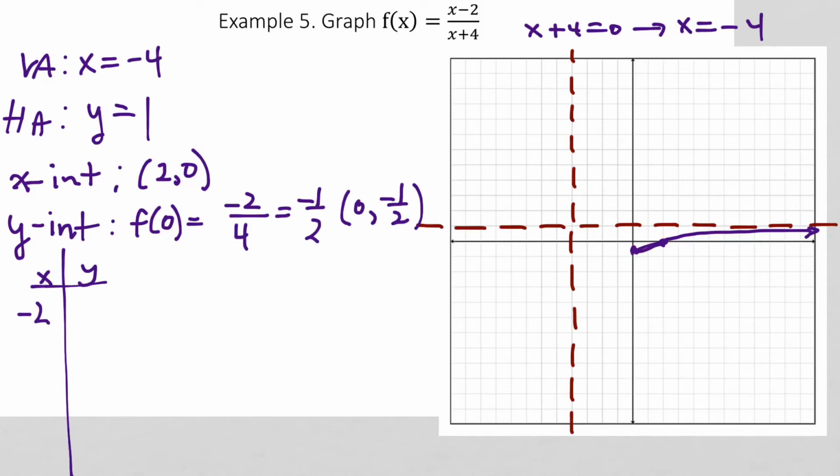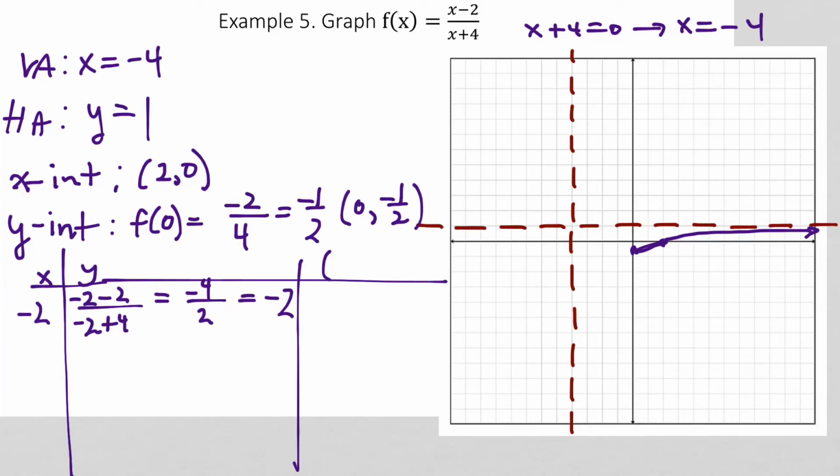So when x is equal to negative 2, in the numerator I've got negative 2 minus 2. In the denominator I've got negative 2 plus 4. So that's negative 4 over 2, which is negative 2. So that's the point negative 2, negative 2.